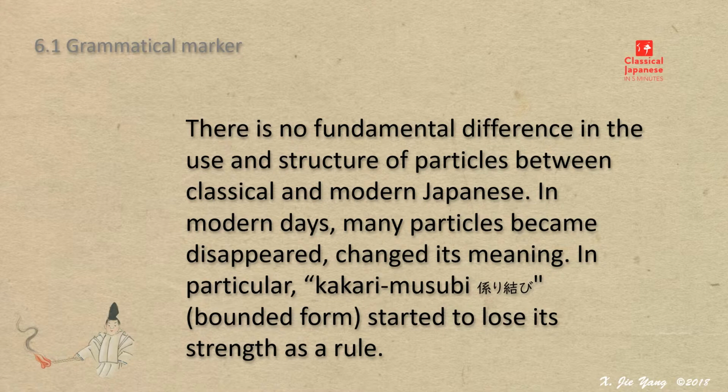In classical writing, we find more cases where a particle was omitted, and the use of kakari musubi, where certain particles behaved in a way to request a specific conjugation for the verb or adjective at the end of the sentence, almost all disappeared in modern Japanese.